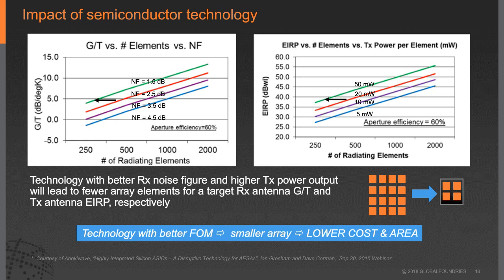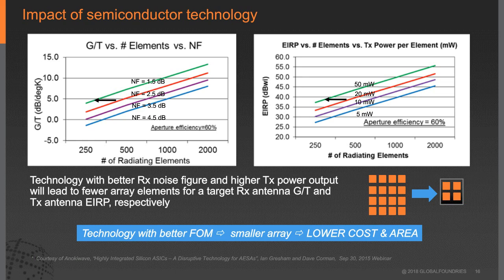For an active phased array of n elements, for every element added to an array, G by T of a receiver array increases by 10 log n, where n is the number of elements, and the EIRP, or effective isotropic radiated power, of a transmit array increases by 20 log n.